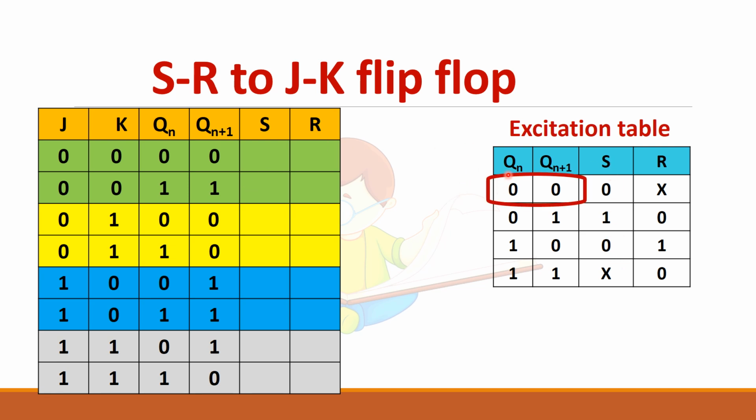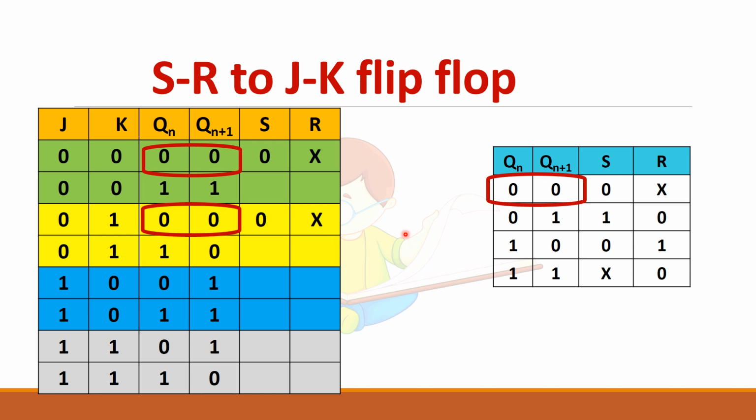First you take 0, 0. You find where 0, 0 is here. So for 0, 0, what is the S and R value? 0X. So write 0X, the don't care condition.